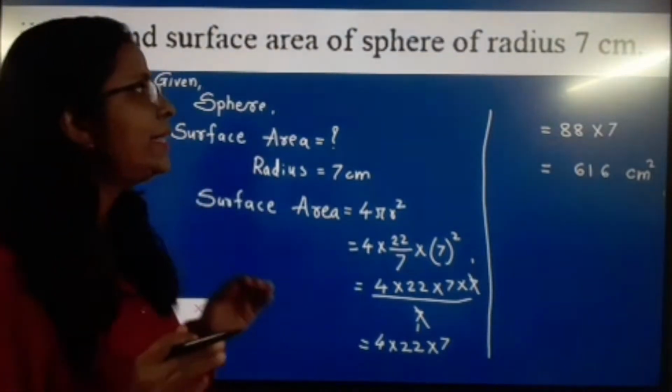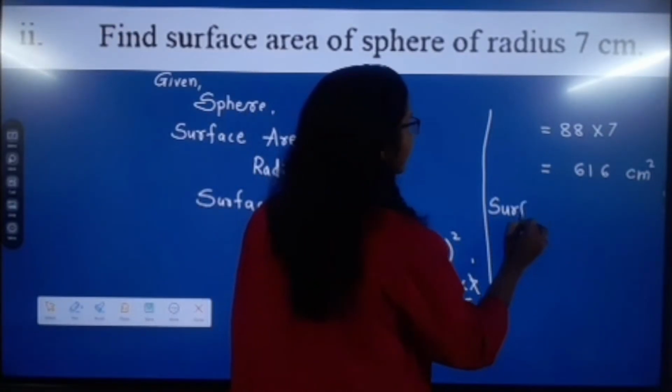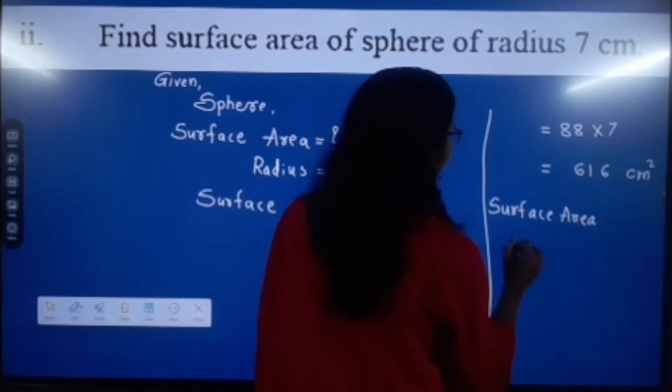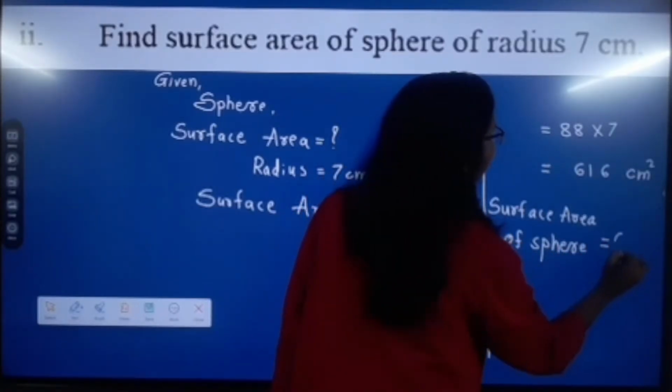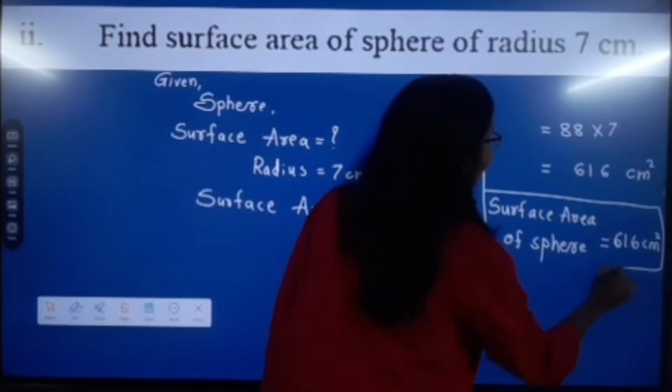That means here, students, we write down the final answer. Surface area of sphere is equal to 616 square centimeter.